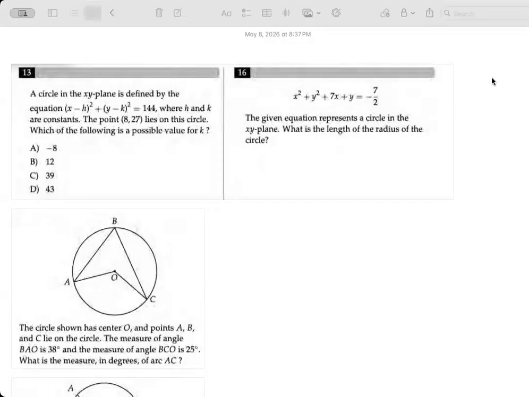So basically this is, well, it's a good one actually.